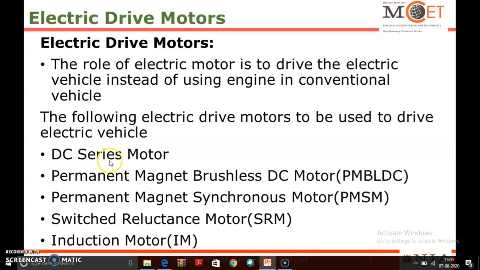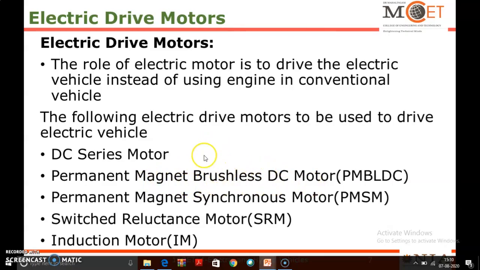But this DC series motor has brushes and a commutator, hence it requires high maintenance. Whereas in the case of the permanent magnet brushless DC motor, there is no brush and commutator in it. So it does not require high maintenance. This high maintenance requirement can be avoided in the permanent magnet brushless DC motor.